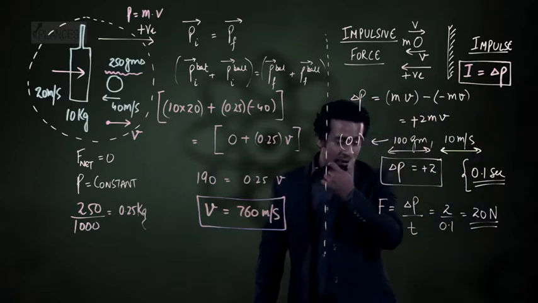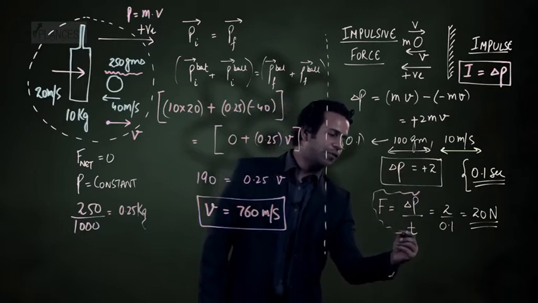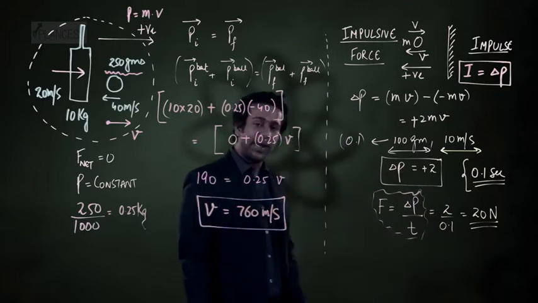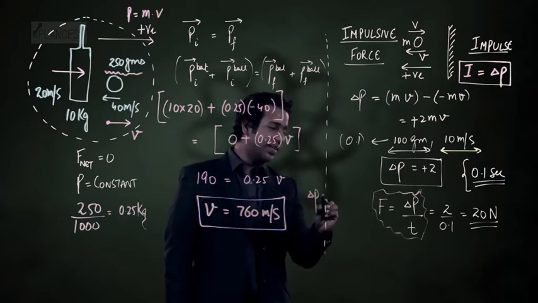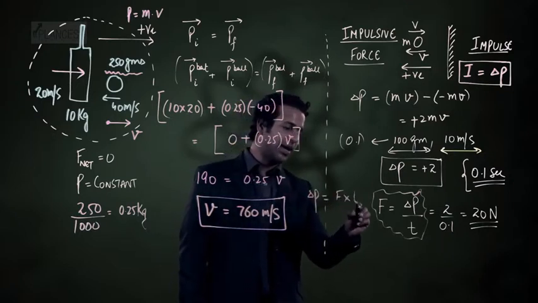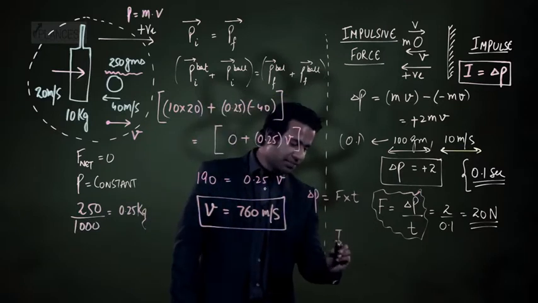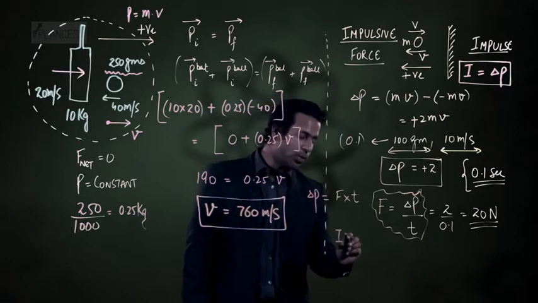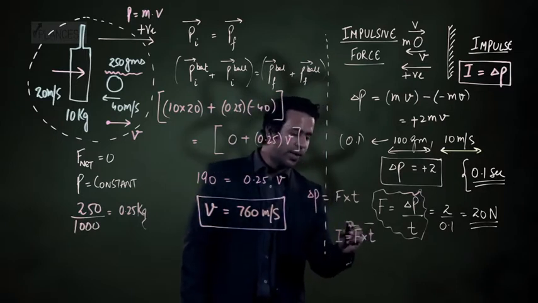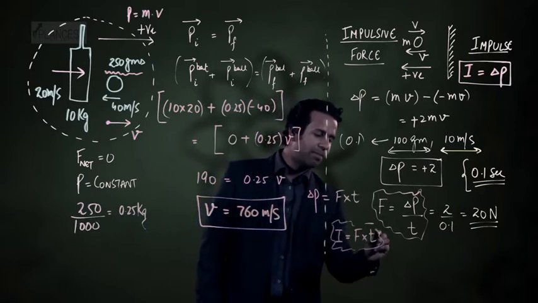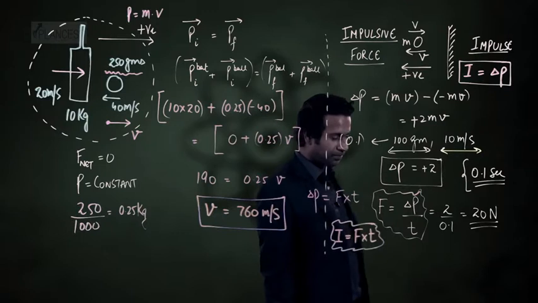So if you think about it, look at this expression. Force is equal to change in momentum by time. So change in momentum is basically equal to force into time. So you could say that impulse is basically equal to the force which acts into the time for which it acts. So impulse is basically force into time.